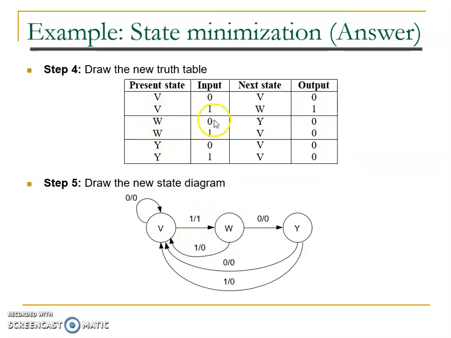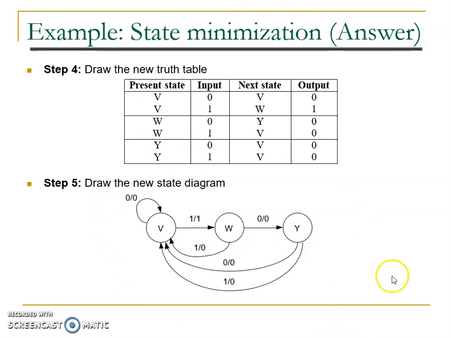For W, 0 goes to Y and 1 goes to V. For Y, input 0 will be V and input 1 will also be V. And then don't forget to write the output.